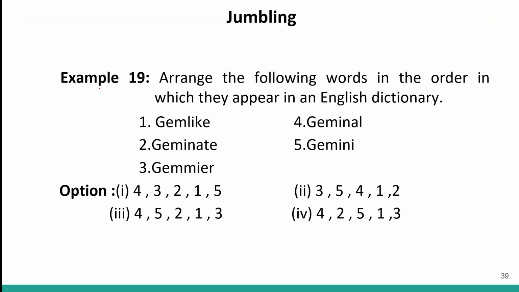Then similarly, example 9. Gem is the same in everything. Then we move on to the next letter. L is 12. I is 9. M is 13. So I know at the fourth position I'll have gemlike, and at the fifth position I'll have gemmier.